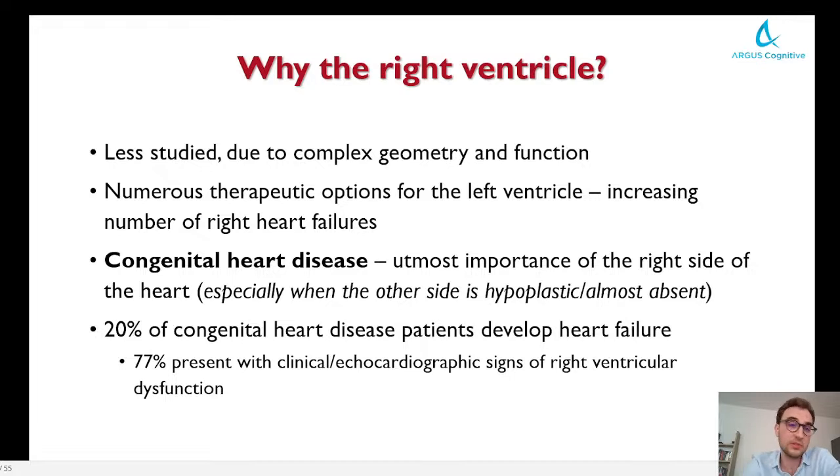That's a huge number, considering that a large proportion of congenital patients have a milder condition, and 77% have clinical and/or echocardiographic signs of right ventricular dysfunction. Therefore, it nicely shows us that it's quite an important topic to discuss and to investigate.